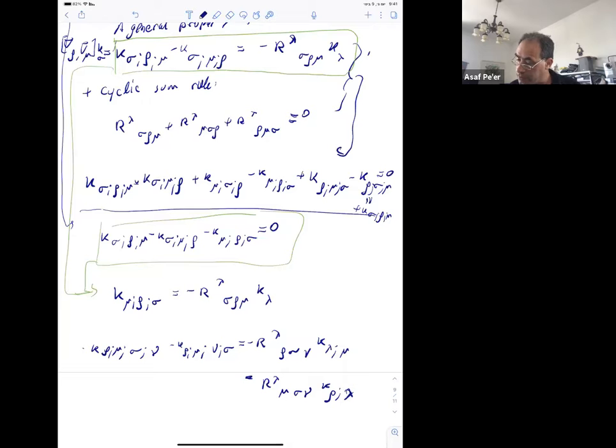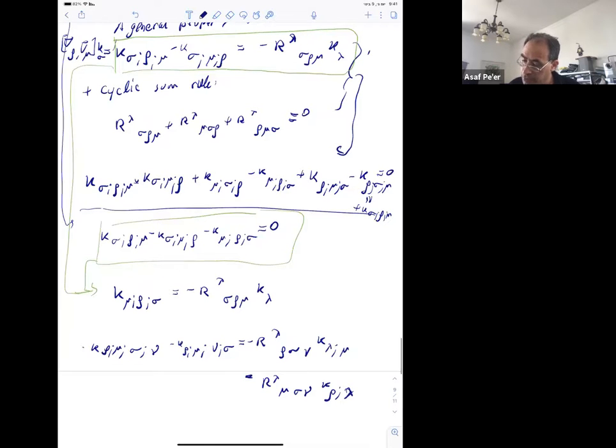The next thing we need to do, right, so we have these two equations. And now I just take the derivative of this one and plug it in here.